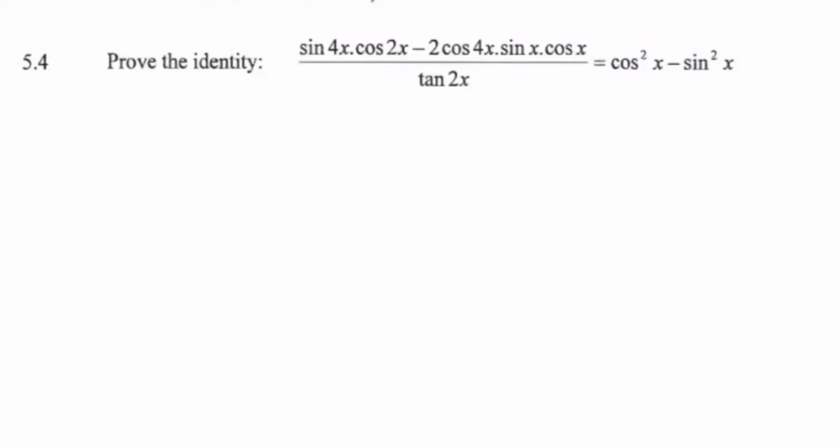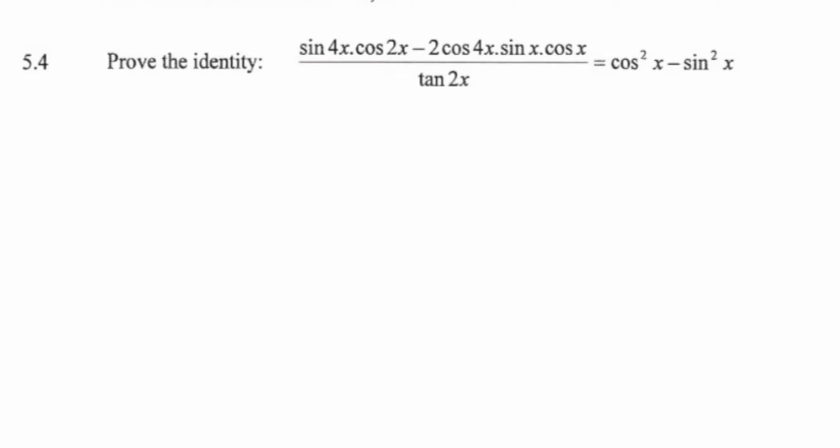What are we going to do here? So there's a compound angle. Where? I'd like sine 4x cos 2x, then I can move the 2 to the back, and then I would have cos 4x and a sine x.